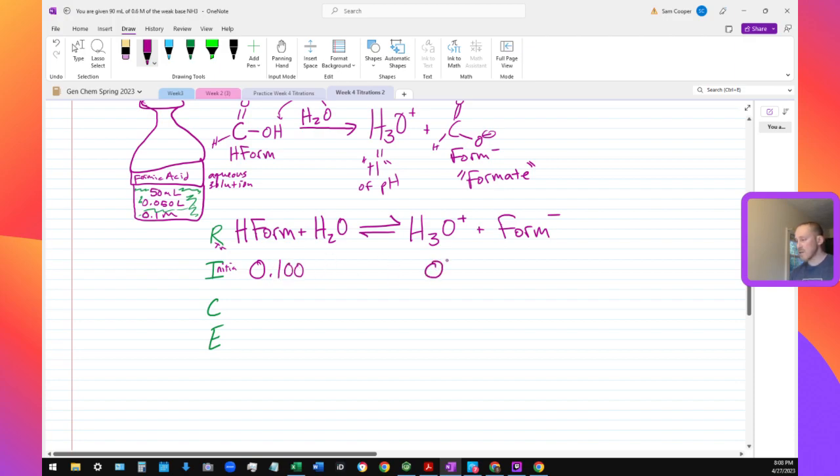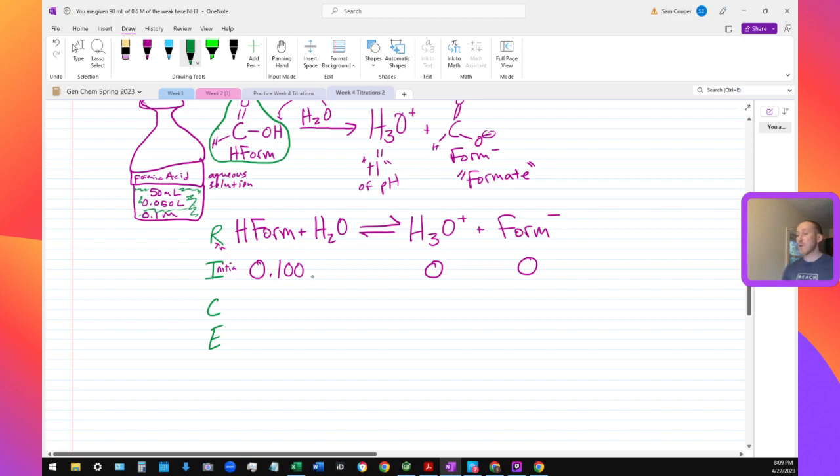Our initial concentrations of our hydronium and formate would be 0. If somehow we had formic acid just like I drew it right here, where you had made sure, like maybe you stored it in another acid that was really strong or something, and you made sure that that proton stayed on.